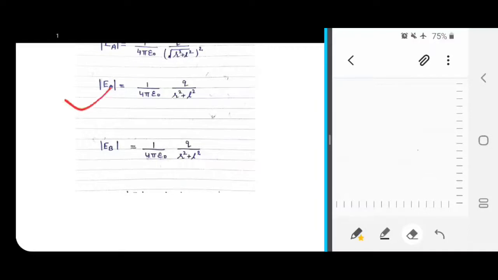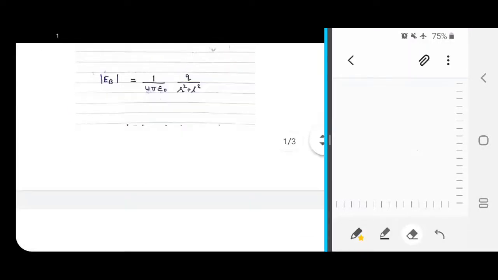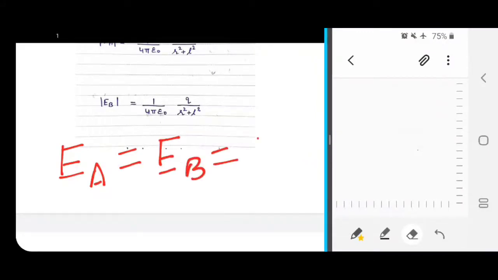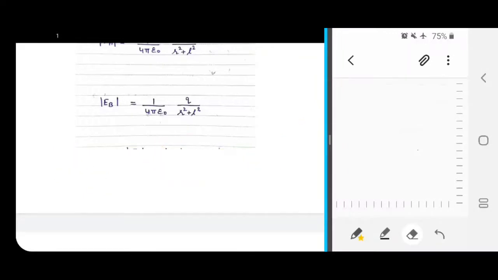So both equations are the same, and we can say that EA equals EB equals E dash. We say it is E dash because they are both the same in magnitude.